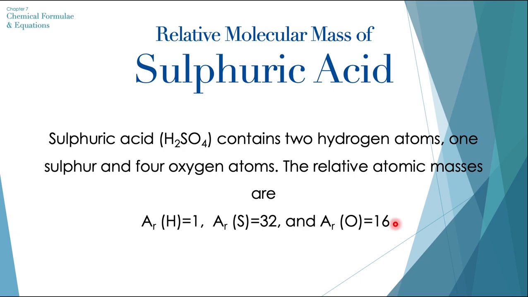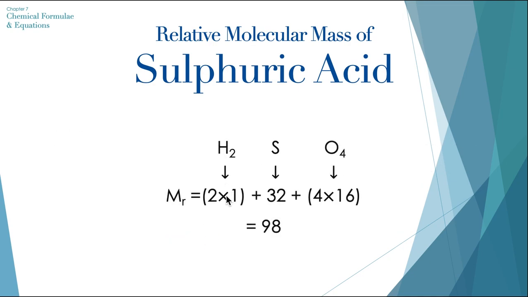So we're going to find the relative molecular mass, the mass of this entire sulfuric acid molecule. We know the relative atomic masses of these three elements. So what we're going to do is multiply their relative atomic masses by their quantities. Hydrogen, there are 2 hydrogen atoms in this, so we will multiply its relative atomic mass by 2, which is 1 multiplied by 2 is 2, right?